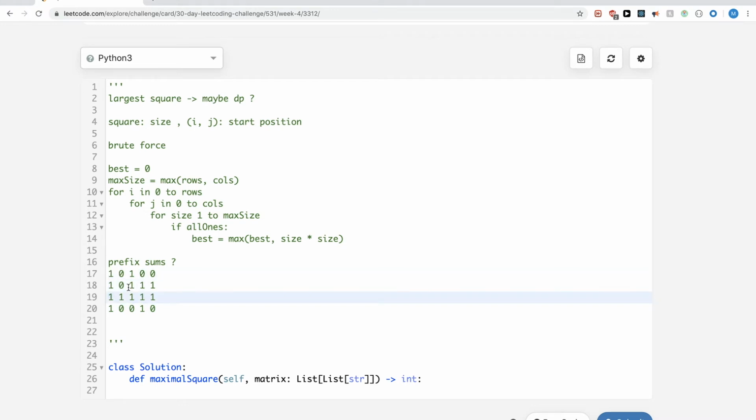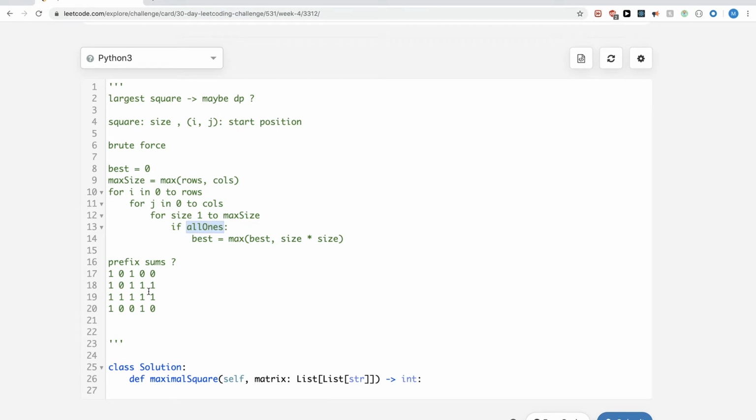But we can know the square area pretty fast, right? And we know the size, so we can know that it's all ones. With prefix sums, we can calculate this sum pretty quickly by just doing some subtractions, right? I'm trying to make this optimal because otherwise we would have to go through the entire square.